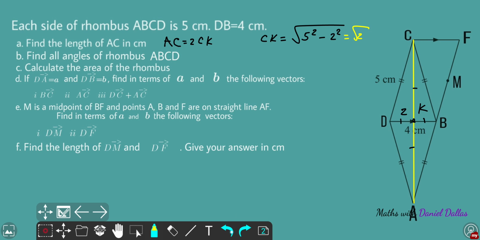And 2 times CK is going to be 2 square root of 21 in centimeters.